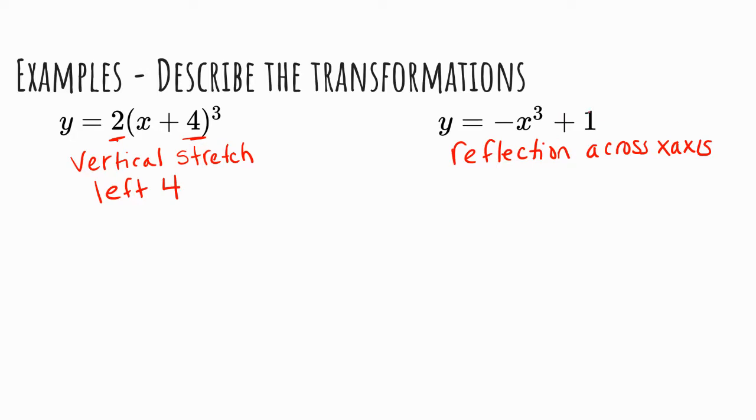This plus 1 is not inside the parentheses, so that makes it a k value. Since it's plus, we are going up 1 unit. So again, take a close look at the difference between your x plus 4 raised to the third power versus your x to the third plus 1. Plus 1 is not being cubed, so it's a k value.